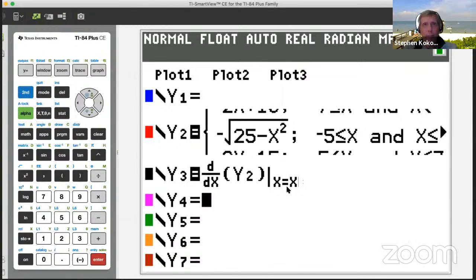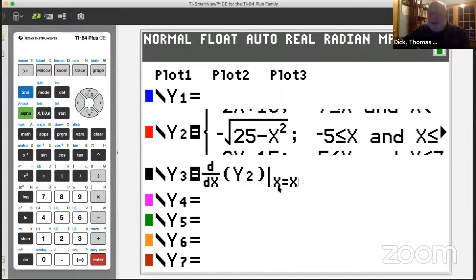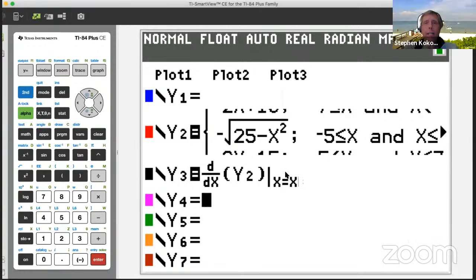It would give me its best value. Yep. With x equals x, this second x is actually the x coordinate of the pixels as you move across the screen. So this value of x will change as you graph. Yep. And so it's going to do that numerical derivative for each and every pixel as we march across the screen. I do agree with you. It looks weird locally here.